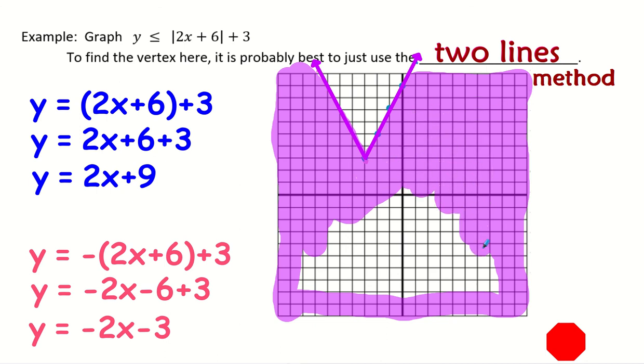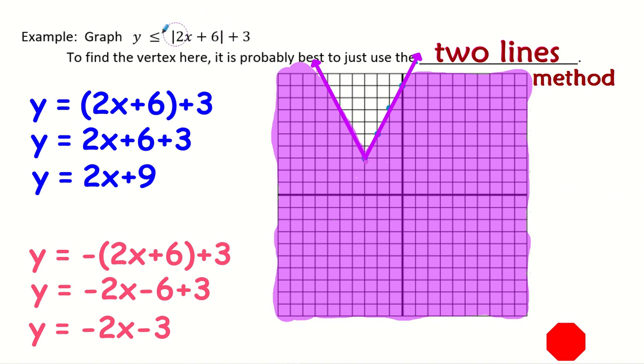So shading below the v. Because again, it's not an absolute value equation, it's an absolute value inequality, which means the v could have been dashed in the right circumstances, and there's going to be shading either above or below.